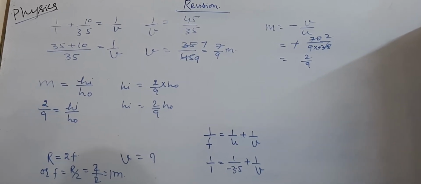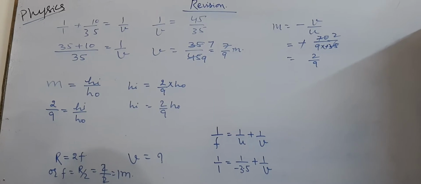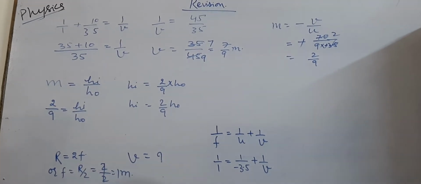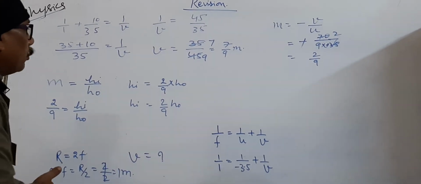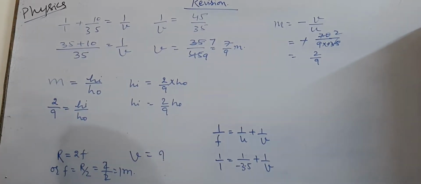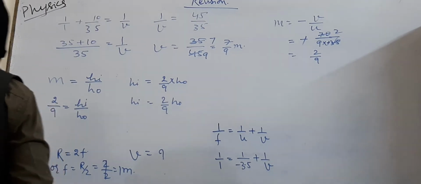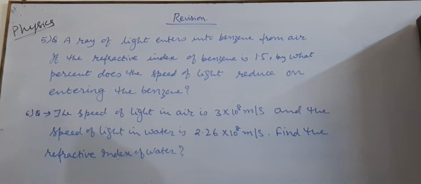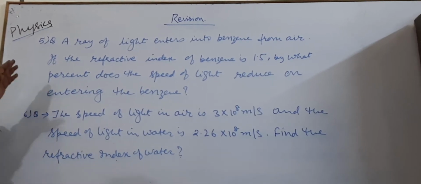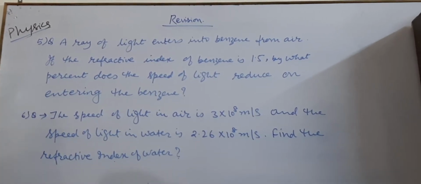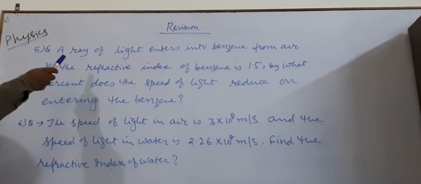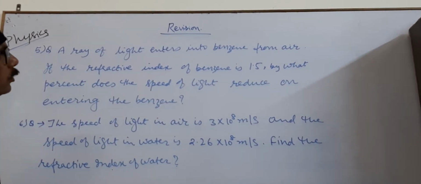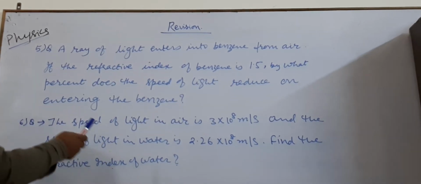Now we will move to the refraction phenomena, numerical related to the refraction phenomena. So let us see what type of numerical is asked related to the refraction phenomena. Now see, I have written here two questions. One is a ray of light enters into benzene from air.